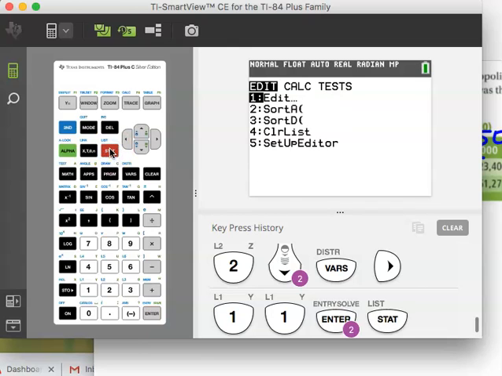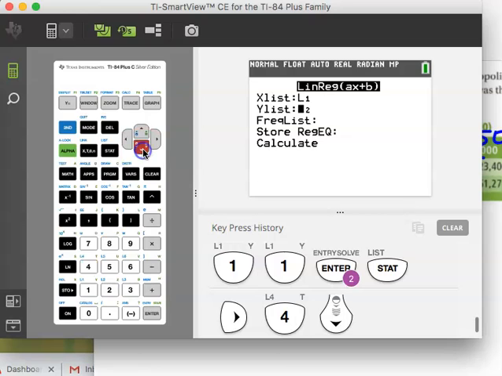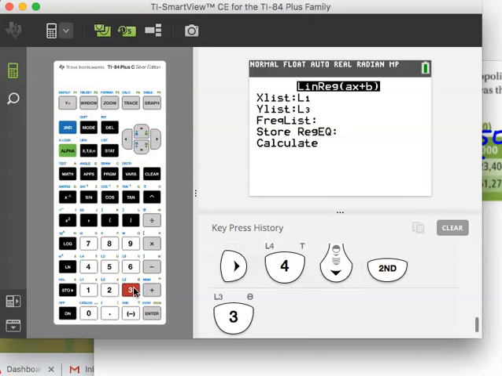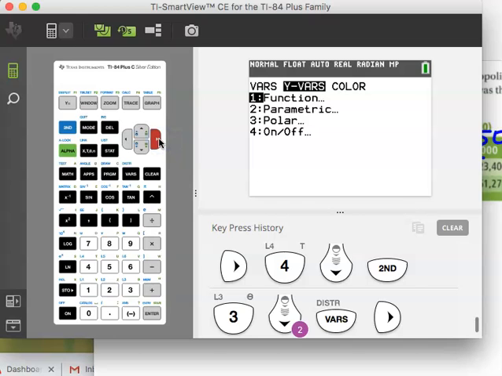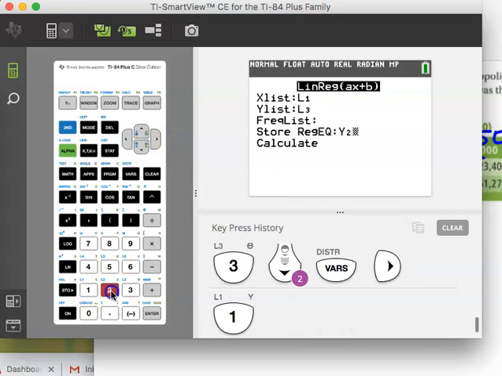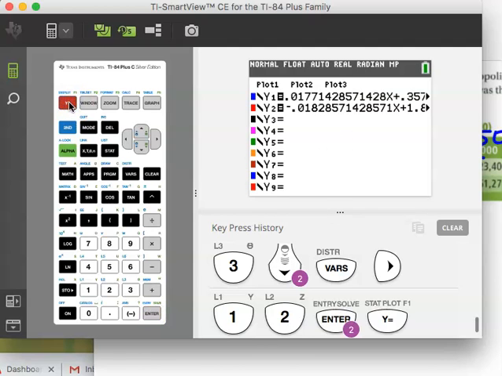So stats, calculate, number 4, and now it has to be list 1 and list 3. So go down to your y list and hit second, number 3, and this time y sub 2. So variables, y variables, arrow to the right once, number 1, and I'm going to put that in number 2. And done.